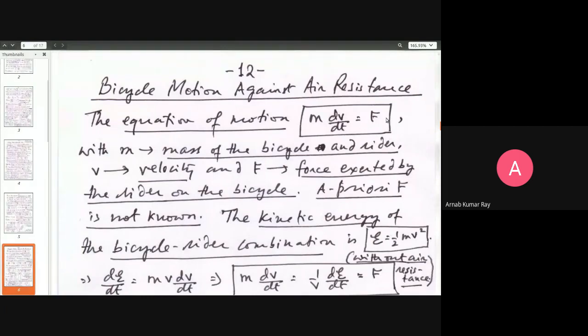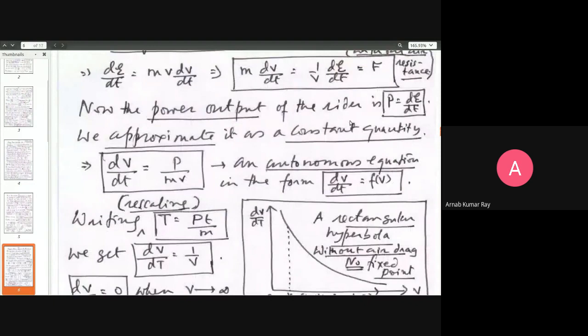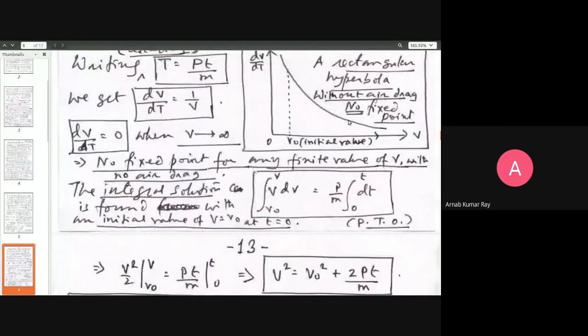But here we have not included a resistance due to air. Also, there is friction between the road and the bicycle tires. We have not accounted for that either. We will see what further complications can be introduced in this problem, or broader generalizations, by accounting for those factors. So here you have this sort of a thing.